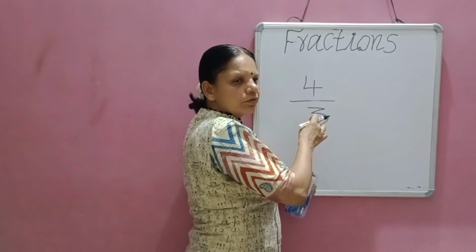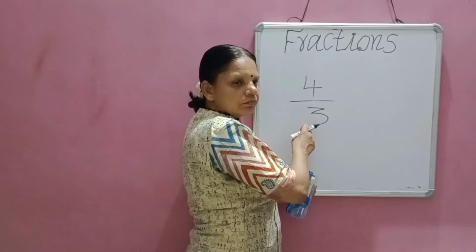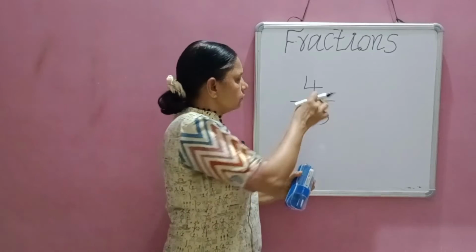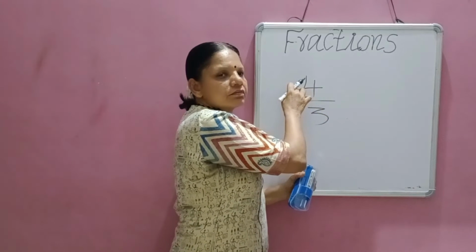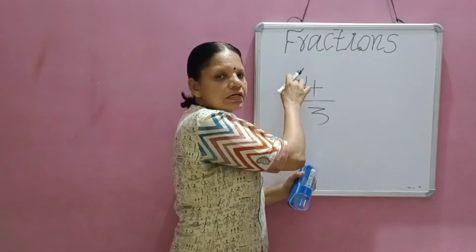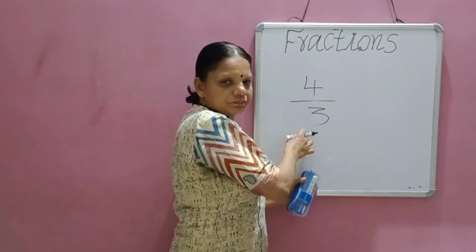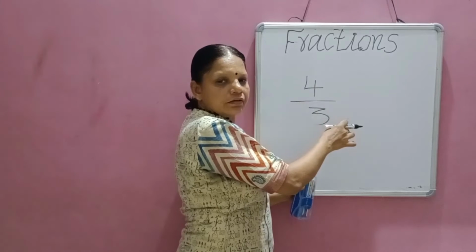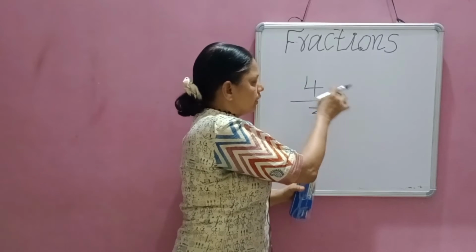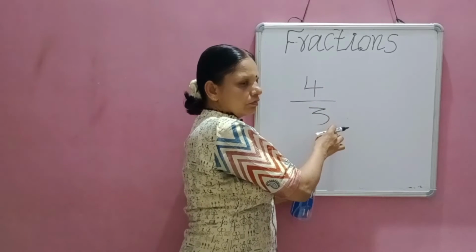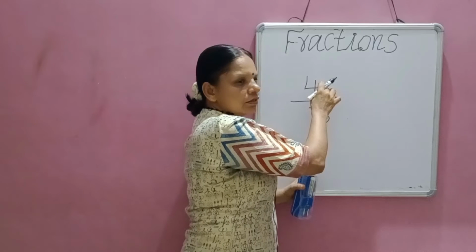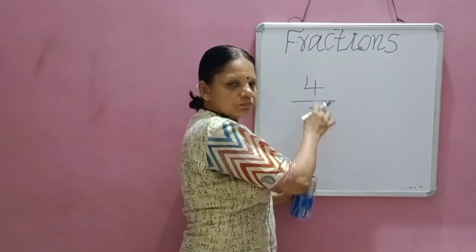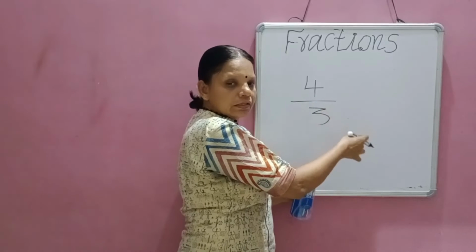What difference can you observe in this fraction compared to the previous examples? In the previous examples, the numerator is less than the denominator. And I told you that such fractions are less than 1. But here you see, the numerator is greater than the denominator. So it will be definitely greater than 1.